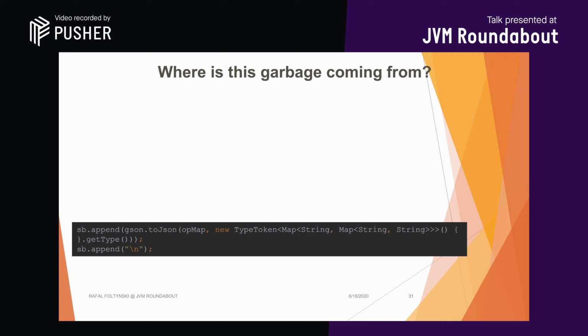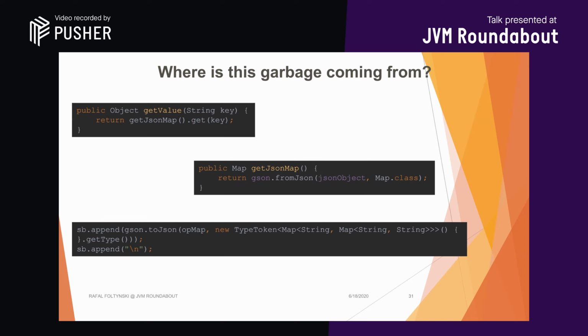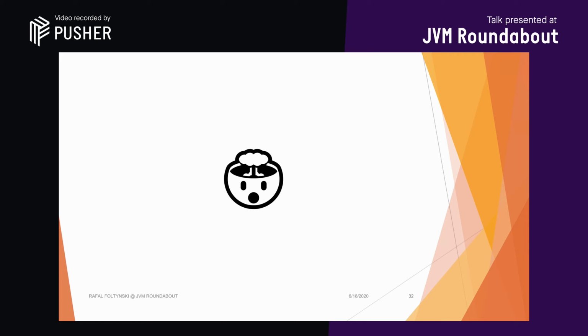We are using maps everywhere. We are using map of strings of maps of strings of strings, which is not necessarily the best way to serialize. Yes, JSON, maps and strings everywhere. Definitely something can be done about it, right?